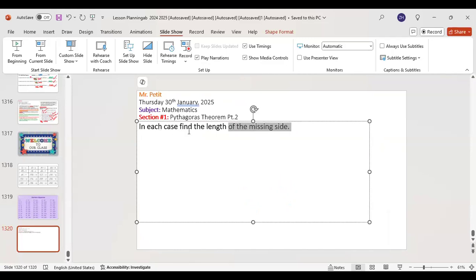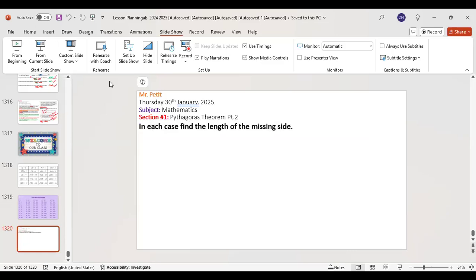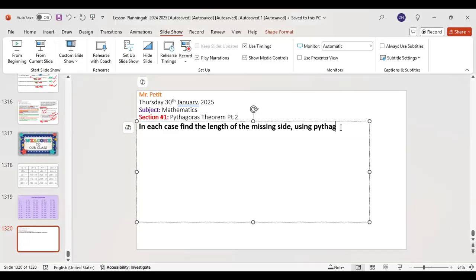That's the instruction. Using the Pythagoras theorem. They're not gonna tell you what to use, you're supposed to know to use the Pythagoras theorem. You're not gonna say, oh, use the Pythagoras theorem. No. Using the Pythagorean theorem.